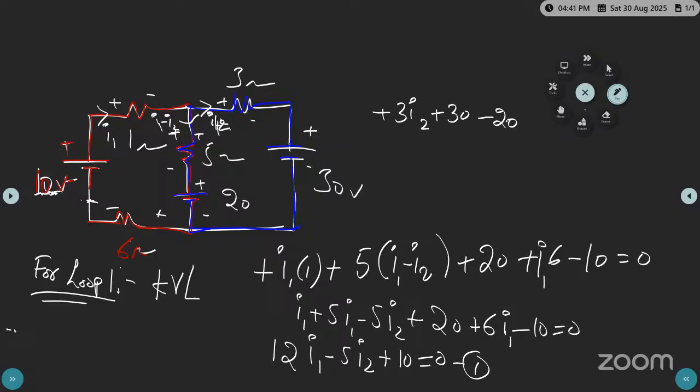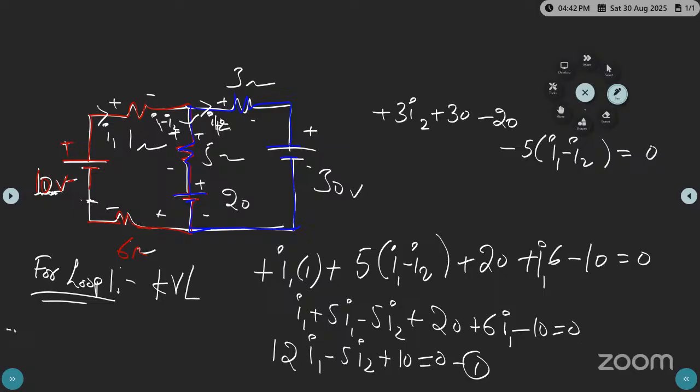Here minus is available. Then minus 5 into I1 minus I2. Current will not change. What is the current? I1 minus I2 only. But while traveling, what is the symbol before the elements? If it is minus, okay. If it is plus, okay. Current will not change. I1 minus I2 or I2 into its resistance is equal to 0.